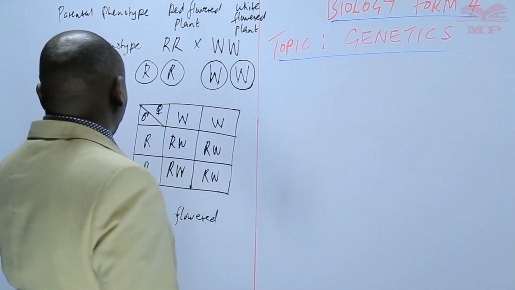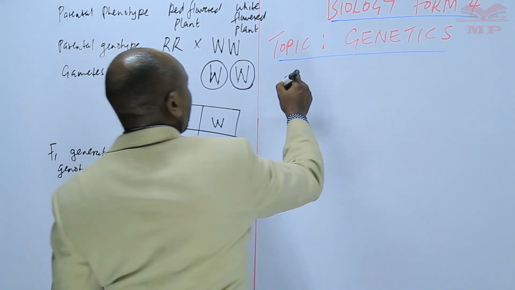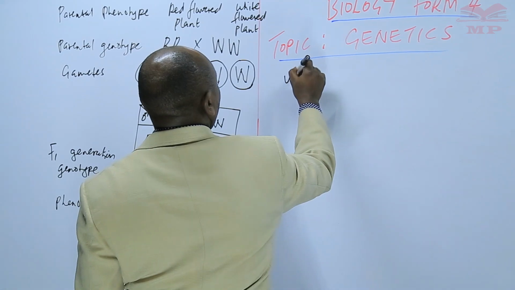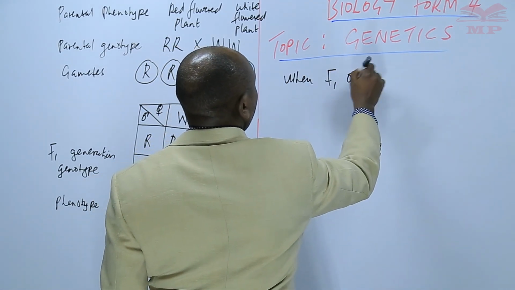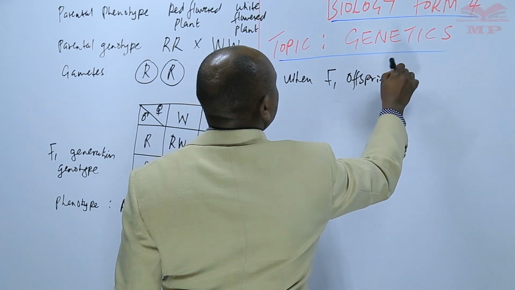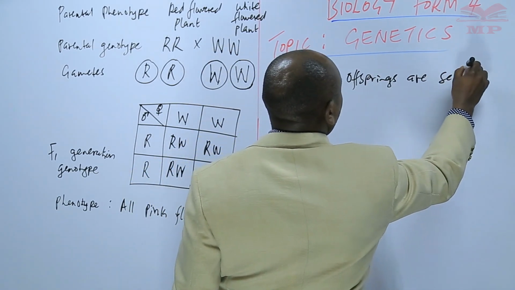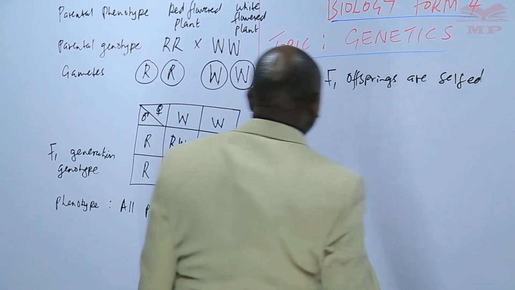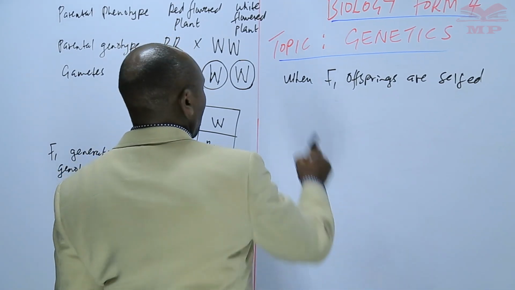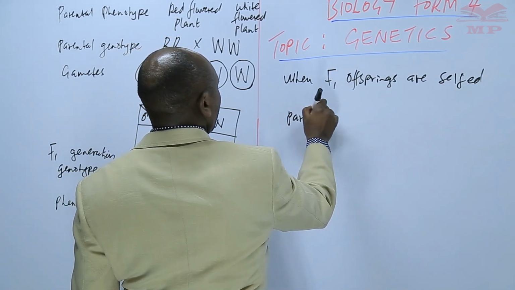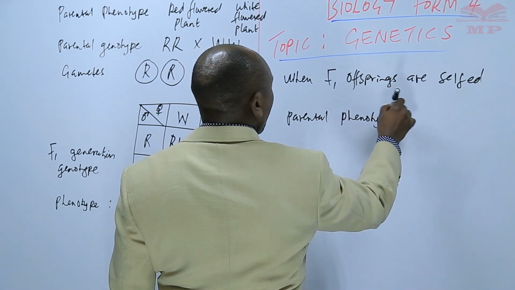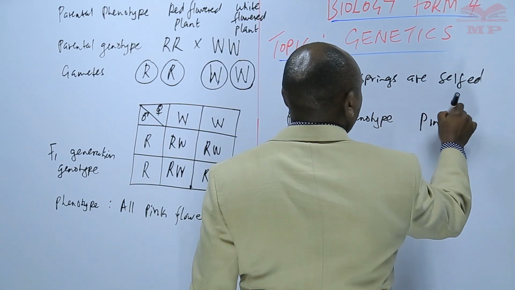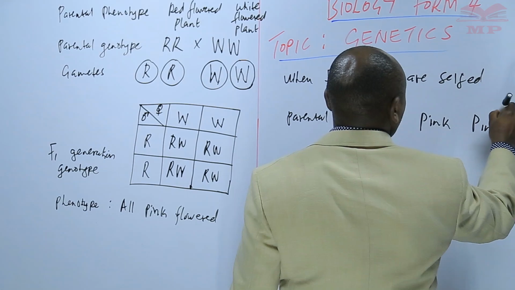We can do the F2 generation, that is when the F1 offspring are selfed. The parental phenotype now becomes pink versus pink.